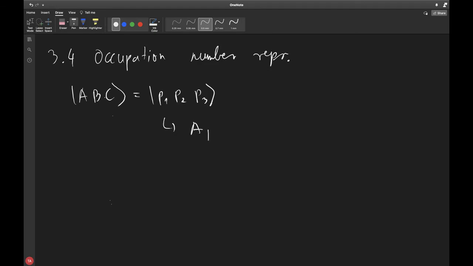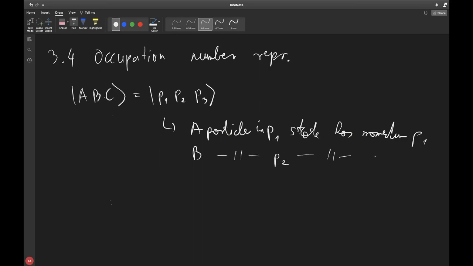So this means that A particle is in the state p1, so it has momentum p1, and B particle is in the p2 state, has p2, and C particle is in the p3 state, which then has p3 momentum.